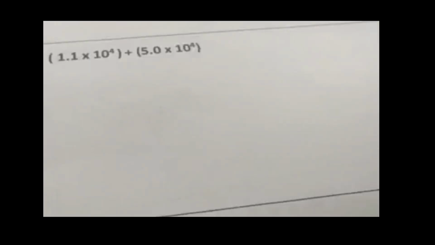Number 2. 1.1 times 10 to the power of 4 plus 5.0 times 10 to the power of 4. Observe that the operation here is plus. So when adding numbers in scientific notation, we must take into consideration that the second factors must have the same exponents.